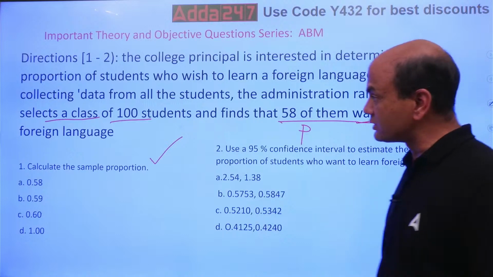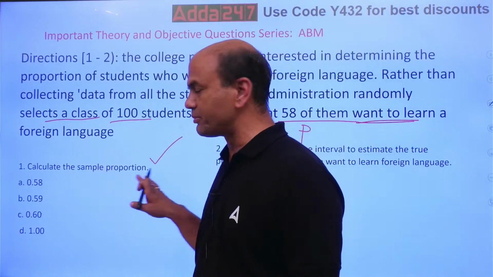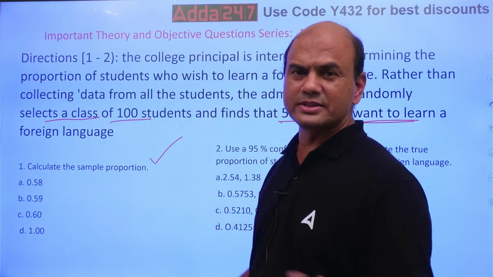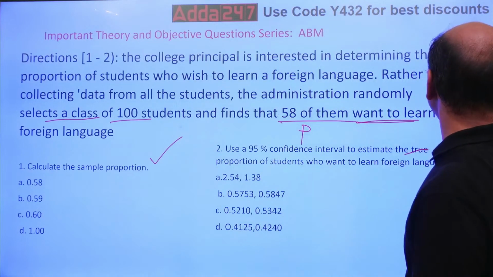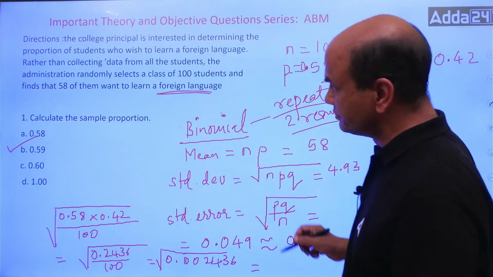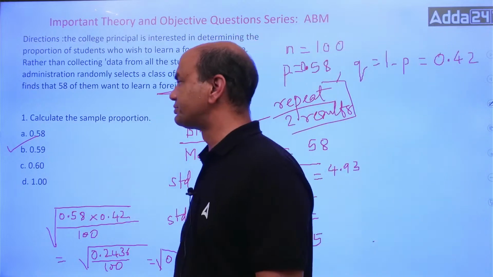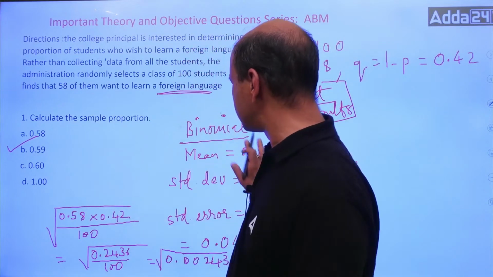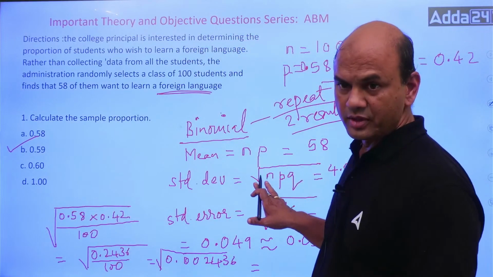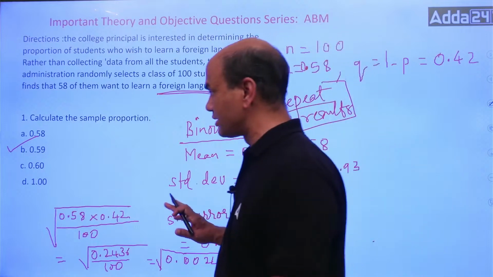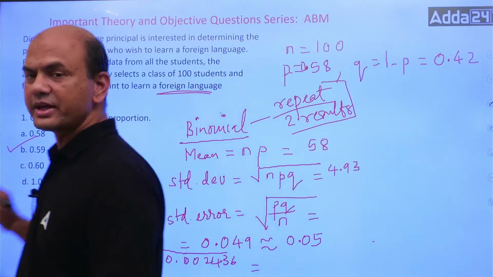Okay, so now let's look at this first problem. Calculate the sample proportion. Easiest one, very easy. Sample proportion means simply, see this sample proportion. All these calculations, I have given extra. Don't look at them right now. Sample proportion is very simple.